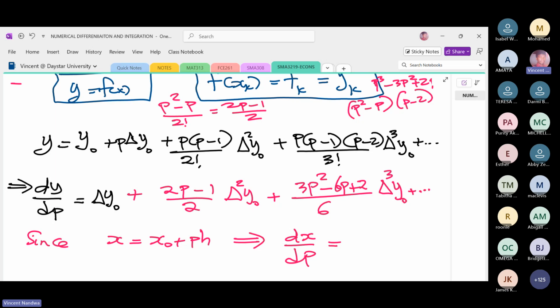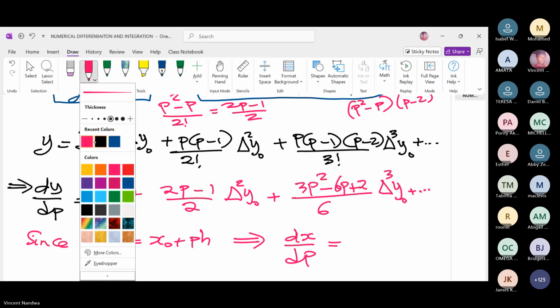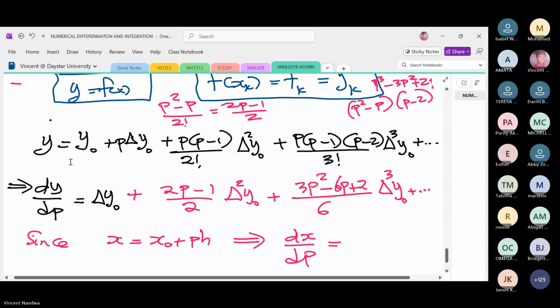So when I differentiate the right-hand side with respect to p, x equals x naught plus ph, so dx dp is h, correct.